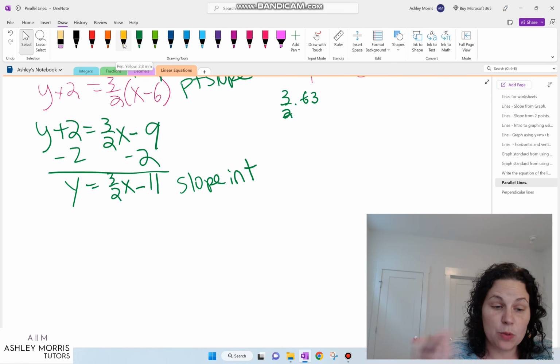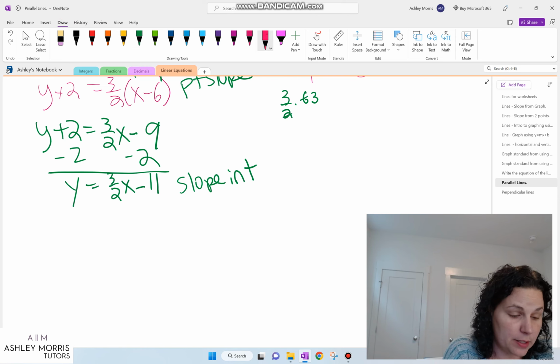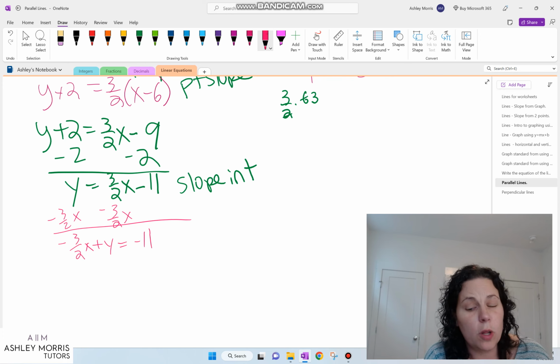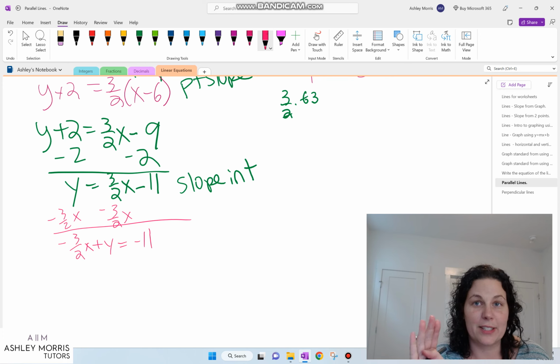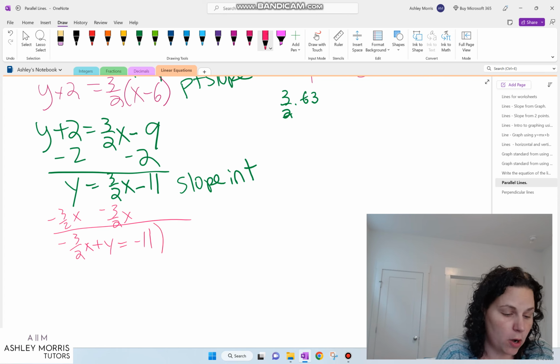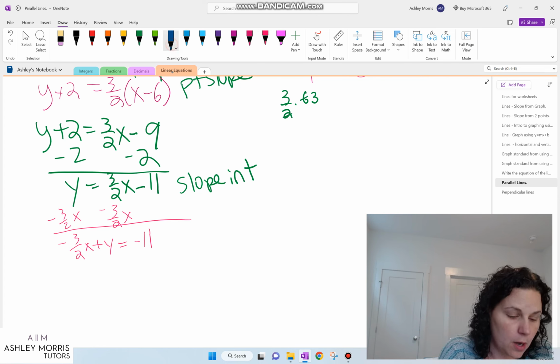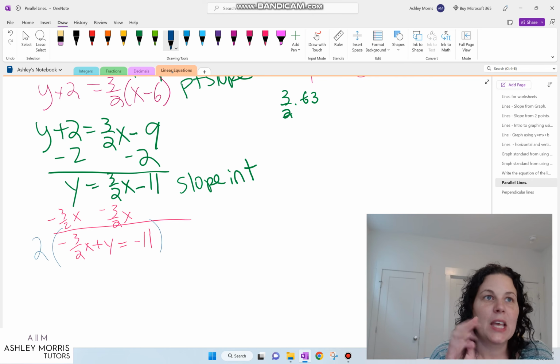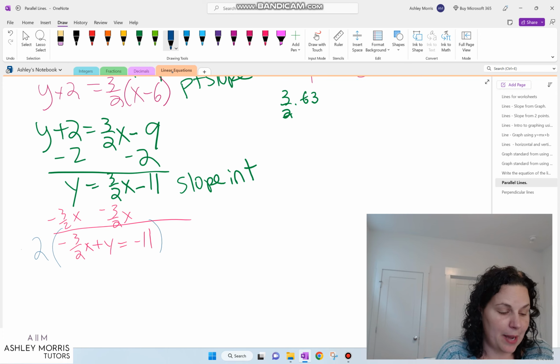Standard form, x and y have to be on the same side. So I'm going to subtract 3/2x. So close to standard form. You are not allowed to have any fractions or decimals in standard form. So I'm going to multiply all of this by 2. That'll get rid of the fraction. And depending on your teacher, you might need to multiply by a -2.